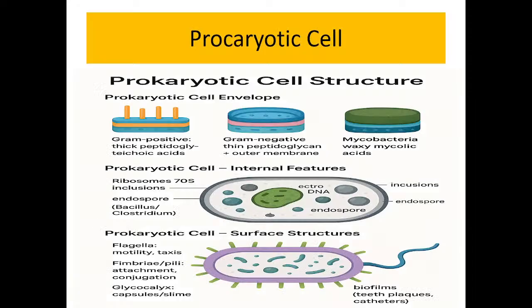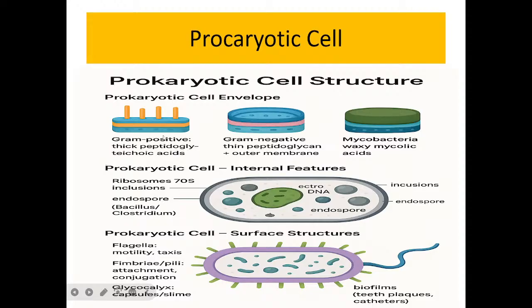Okay. Now, this is a typical prokaryotic cell. Prokaryotes can be divided into three based on the composition of their cell wall. When the cell wall is like this, look at this. You can see that this one is called gram positive. And why is it called gram positive? Because it has a thick peptidoglycan.